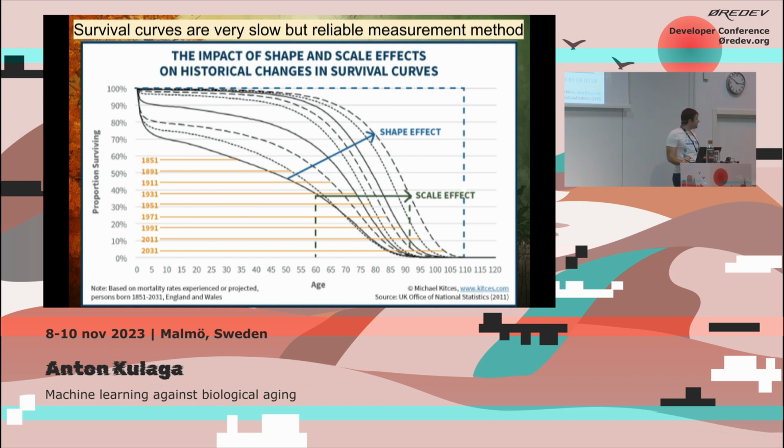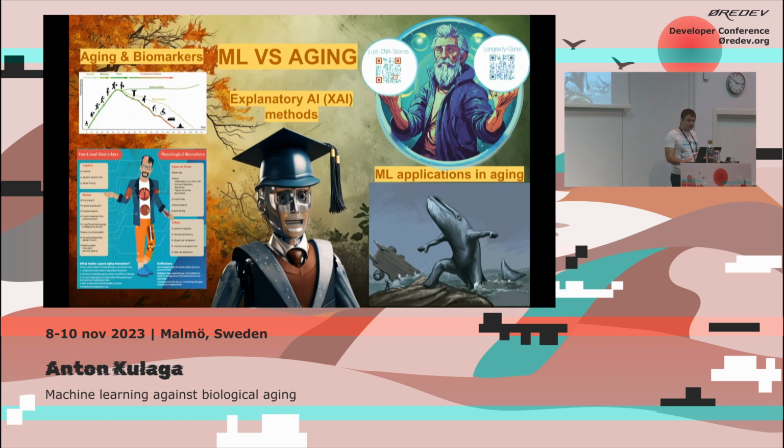The problem, and actually why we need more sophisticated methods, is that if we apply this approach to be happy in 30 years, probably we would have to have experimental and control human groups that will age for 130 and more years, and probably it's not realistic to wait 120 years to actually know if the treatment is working. And for this reason, we actually need faster methods to project.